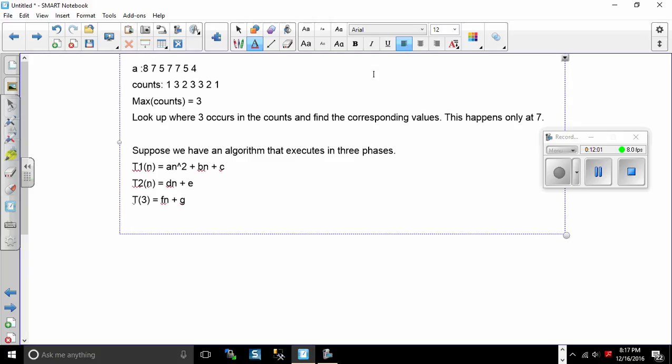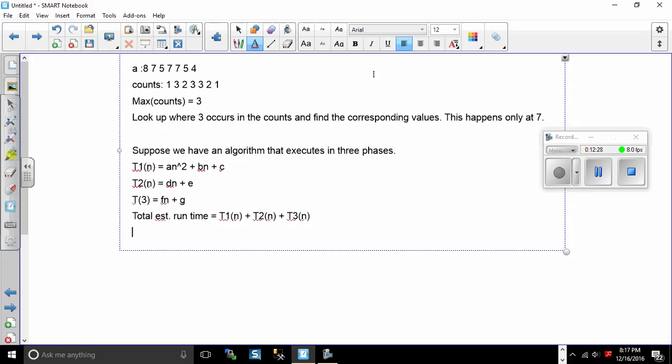Okay, so the total estimated runtime is equal to the sum of the 3 estimates. So the runtime estimates are additive, but that isn't the case for the estimate of the order of the runtime for the algorithm.